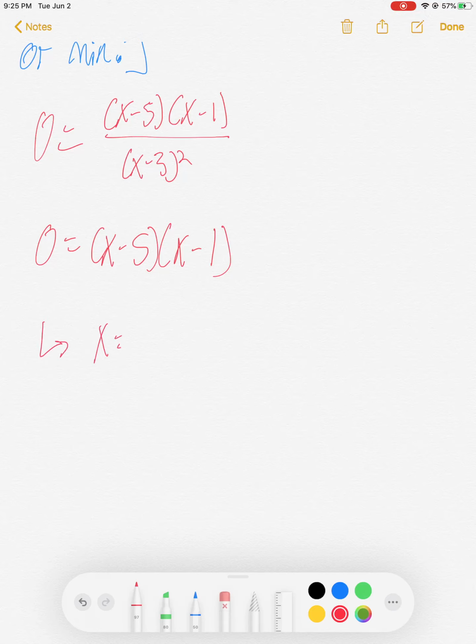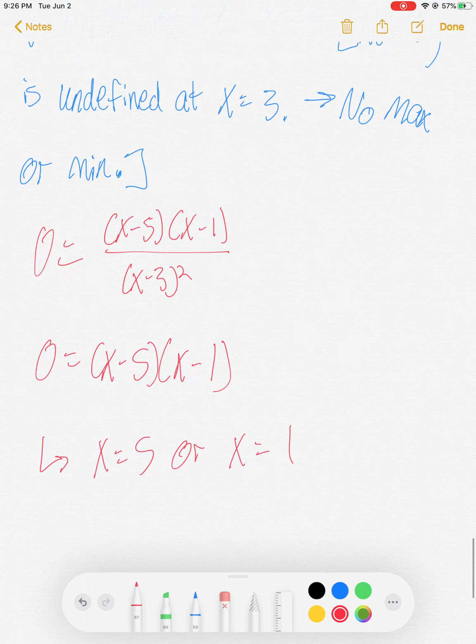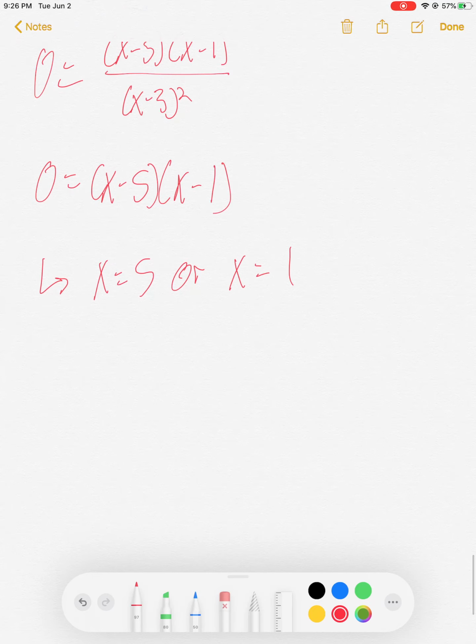Now I'm just going to multiply both sides by that denominator, and I get 0 equals x minus 5, x minus 1. And now, this is why that factoring was super nice. Now we can nice and easily see that this means that x equals 5 or x equals 1.